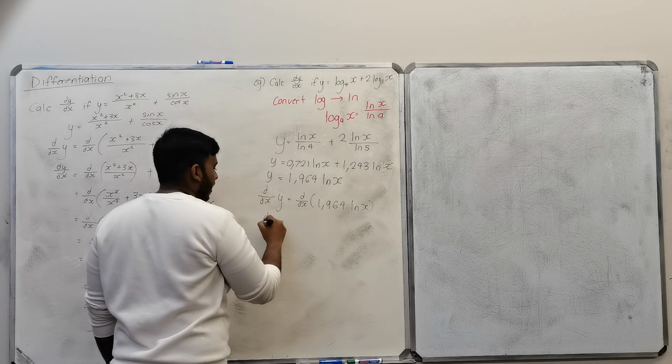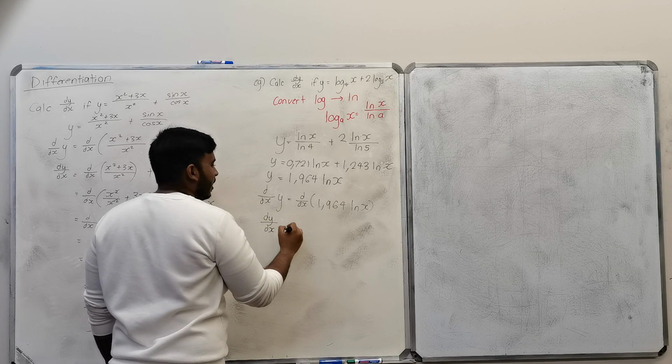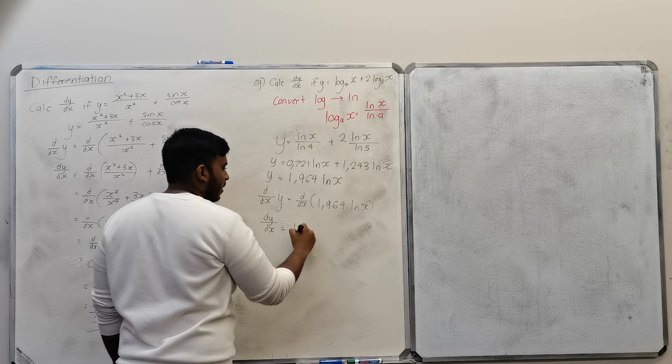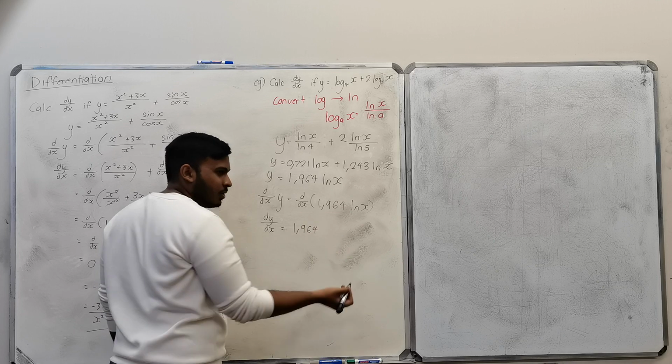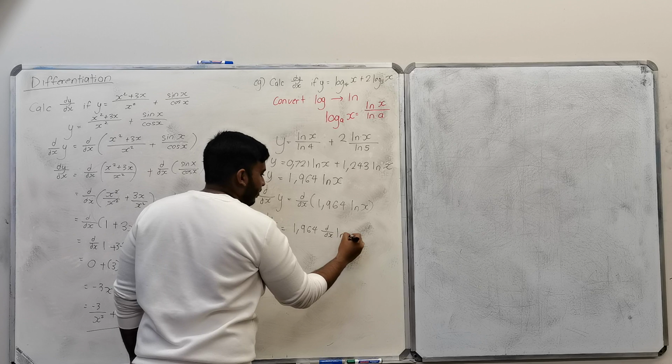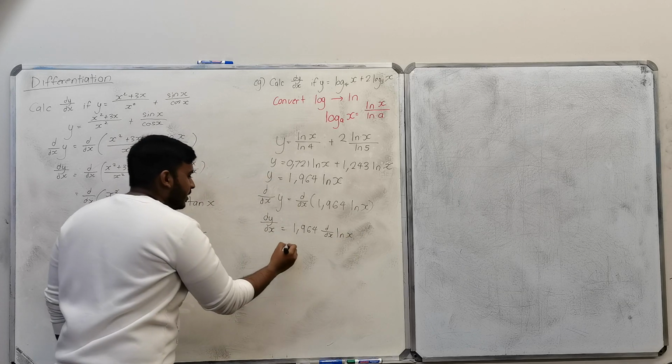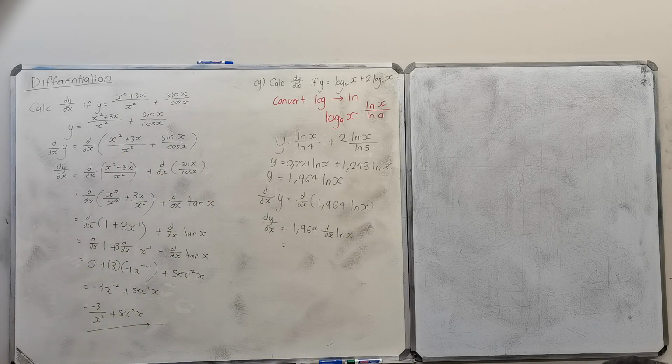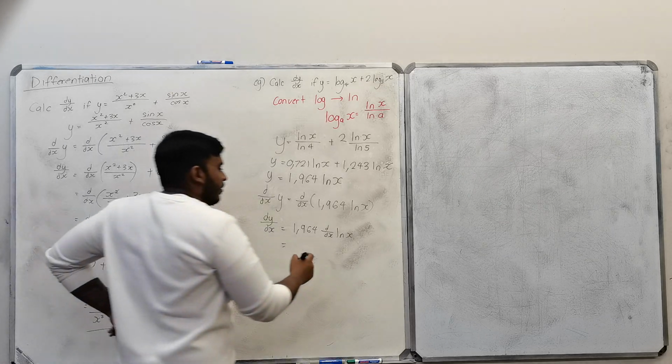So it's dy over dx, and your constant you would take out. d over dx of ln of x. The derivative of ln of x is what? Rule number 7, which is that the derivative of ln of x is 1 over x.